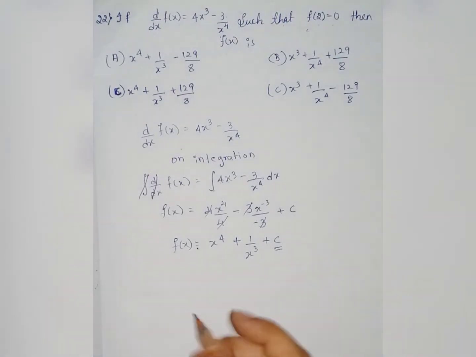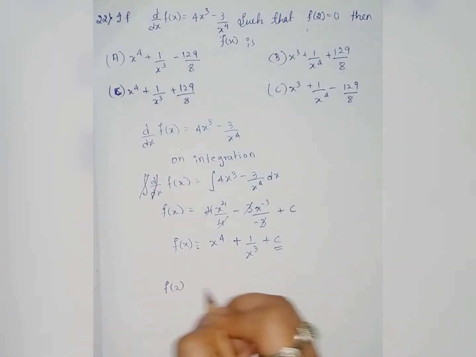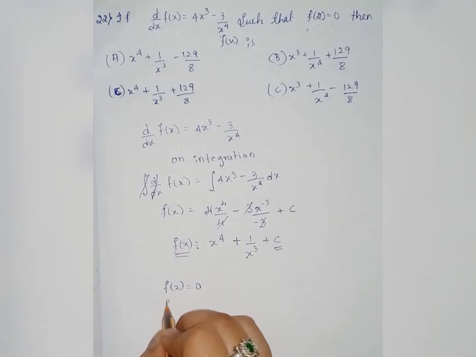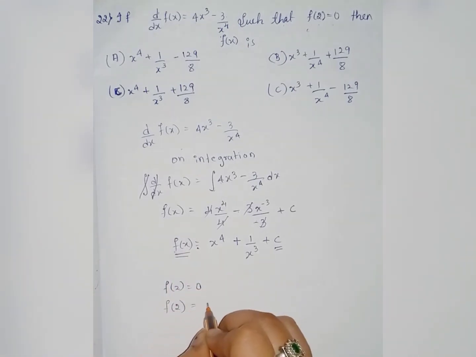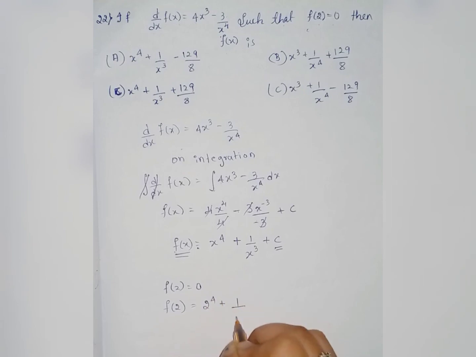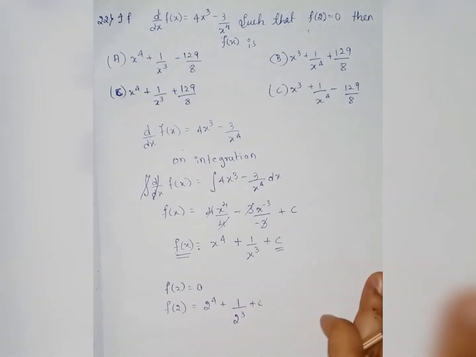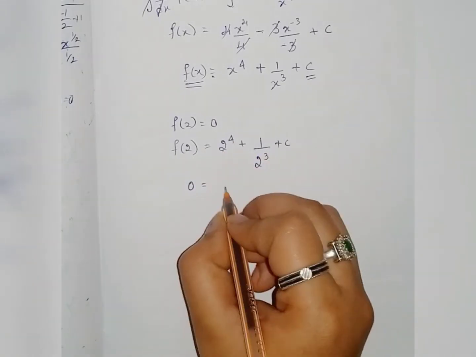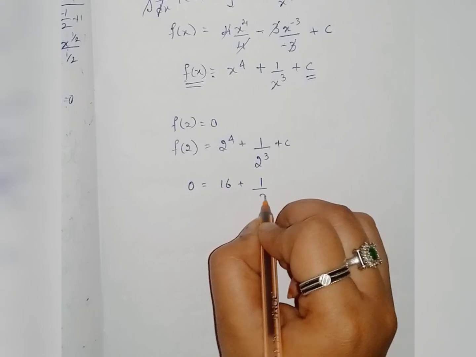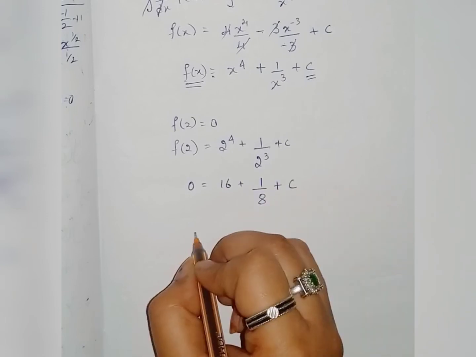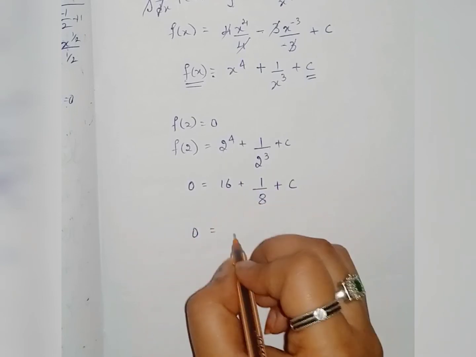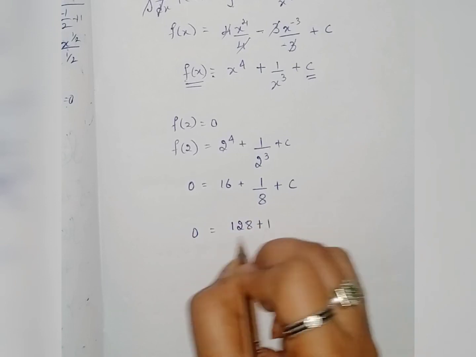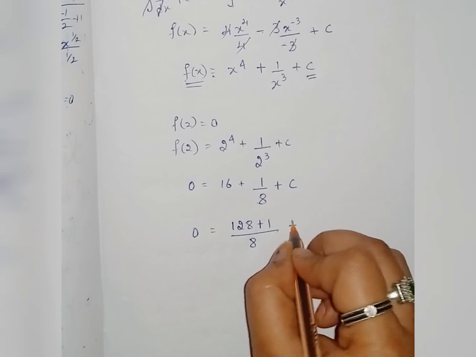They have clearly given that f of 2 is equal to 0. So f of 2 is, in place of x we should substitute 2, to the power 4 plus 1 by 2 cube plus c, which is equal to 0. So 2 power 4 is 16 plus 1 by 8 plus c, and 0 is equal to 128 plus 1 by 8 if we take the LCM, plus c.